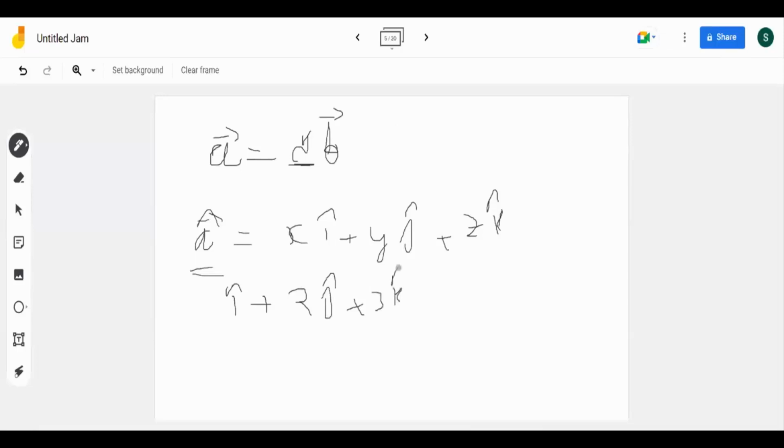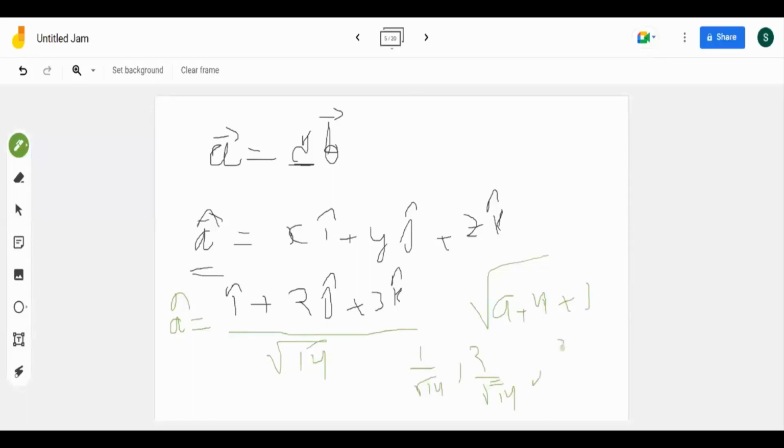So let me change the color and find its magnitude and divide it by the magnitude to get our a cap. Its magnitude is under root 9 plus 4 plus 1, that is root 14. Divided by root 14, we get our direction cosines: 1 by root 14, 2 by root 14 and 3 by root 14.